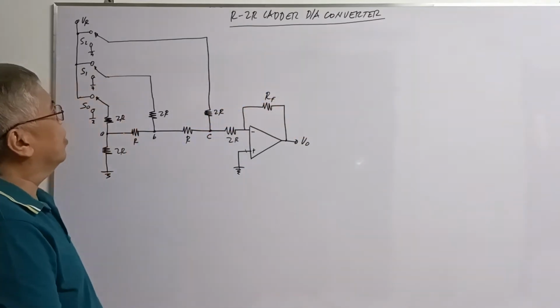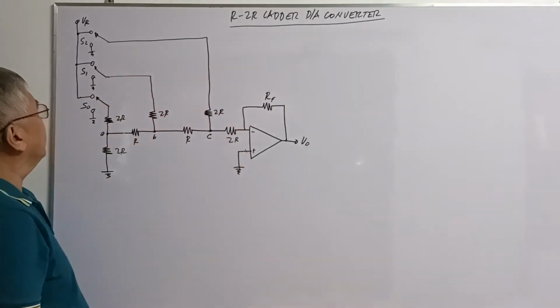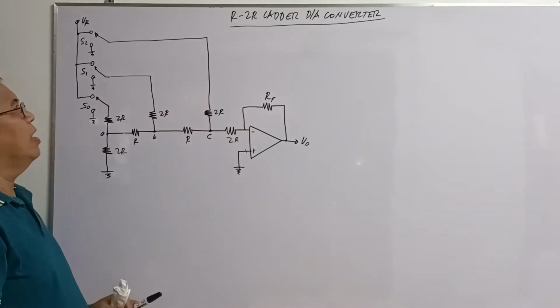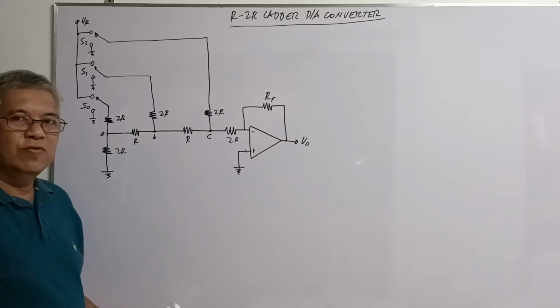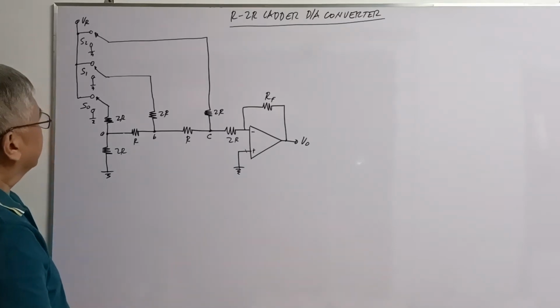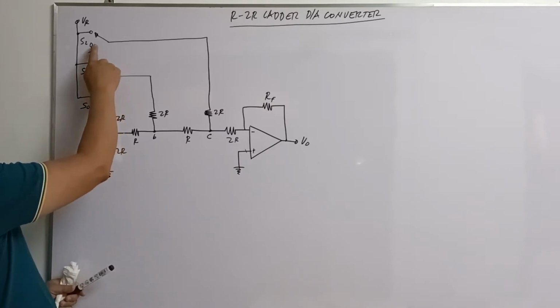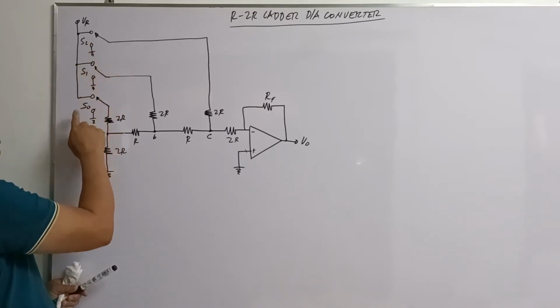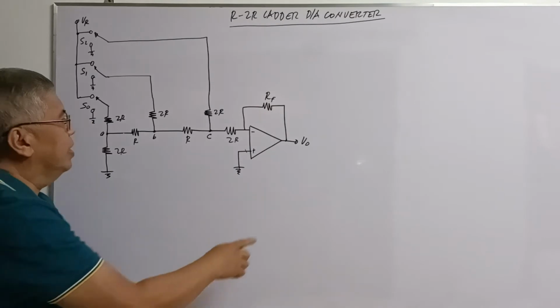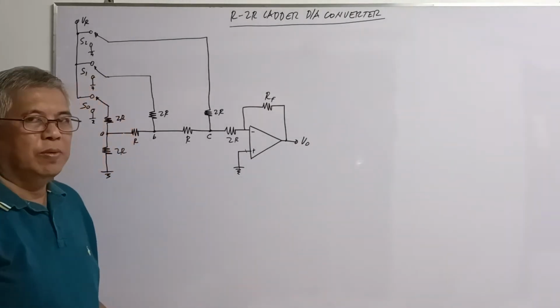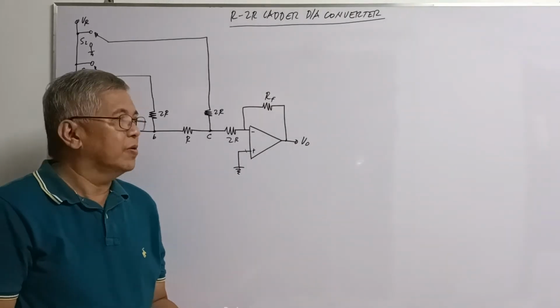So what we have here is a 3-bit R-to-2R ladder converter. The input is represented by S2, S1, and S sub 0, and the output is represented by V sub 0.